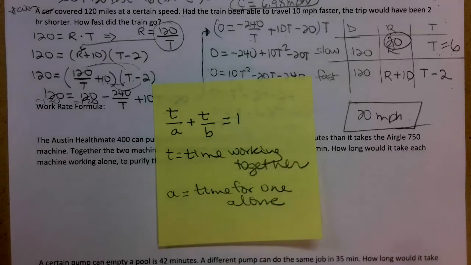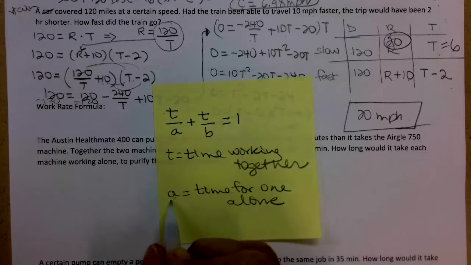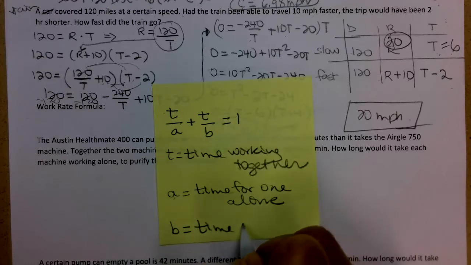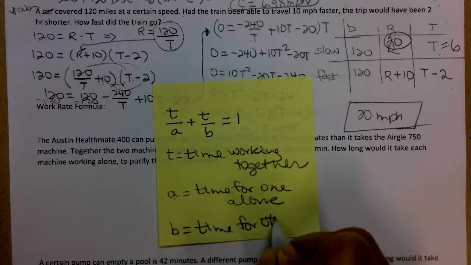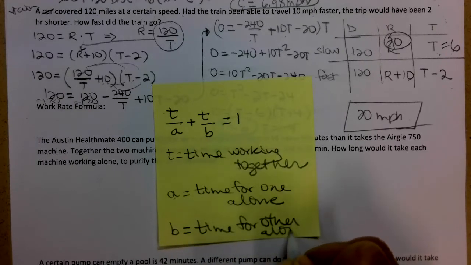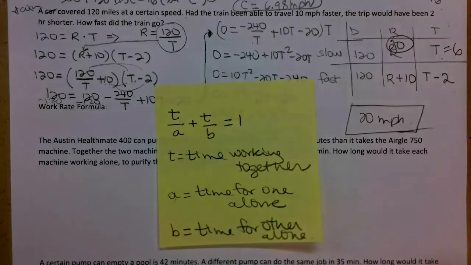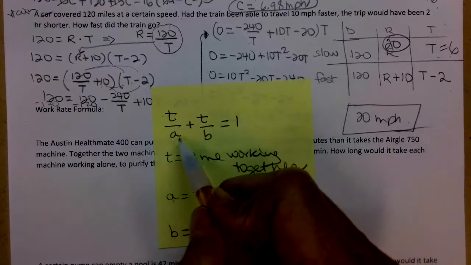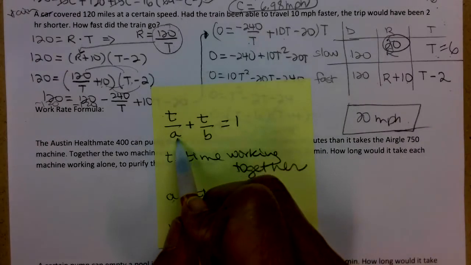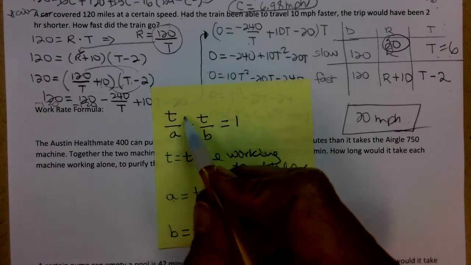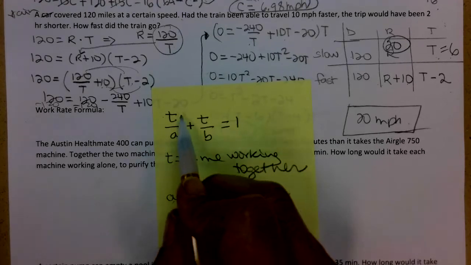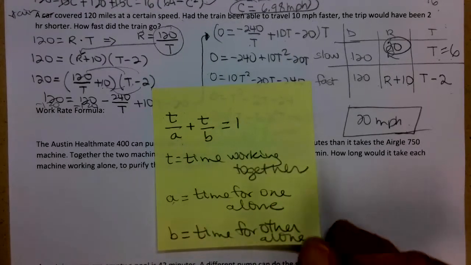And so one of the people or one of the machines working alone takes A time, and B is the time for the other one. So it's called work rate because if somebody takes 4 hours to do something, then every hour they do 1/4 of the job. So that's why it goes in the denominator there.